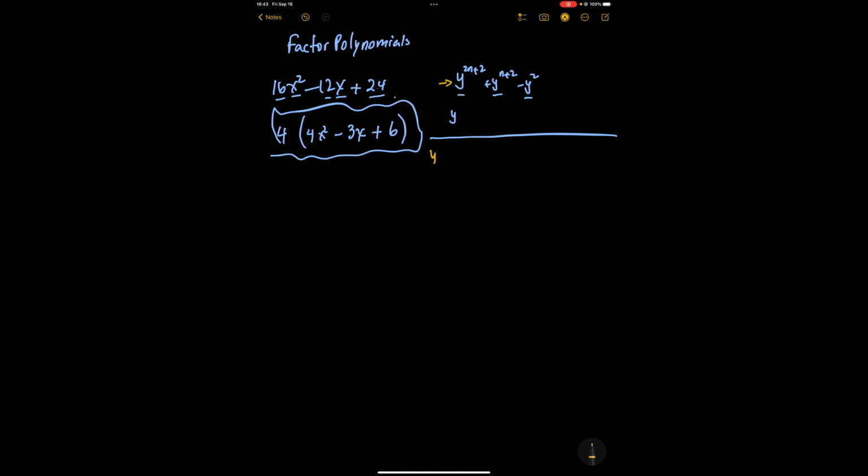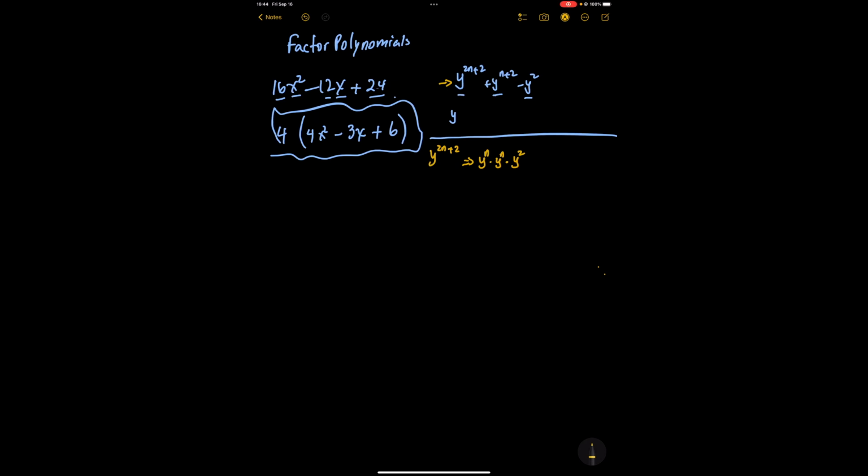So what is y to the 2n plus 2? Remember the distributive formula or the product formula when it comes to exponents. You have to know how to break it down. Basically, y to the power of 2n plus 2 is y to the power of n times y to the power of n times y squared.